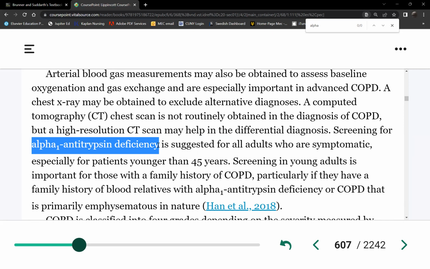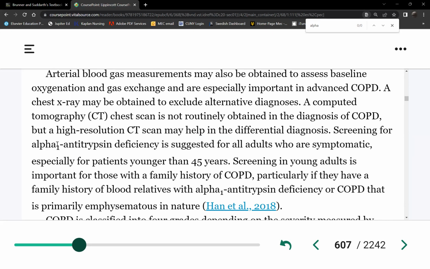Not through their own fault. They're just unfortunate. They don't have this enzyme that will counteract protease. There's supposed to be a balance. You and I both have protease, but we also have alpha-1 antitrypsin, which helps destroy protease. That way, we keep the amount low so that it doesn't destroy our lung tissue.